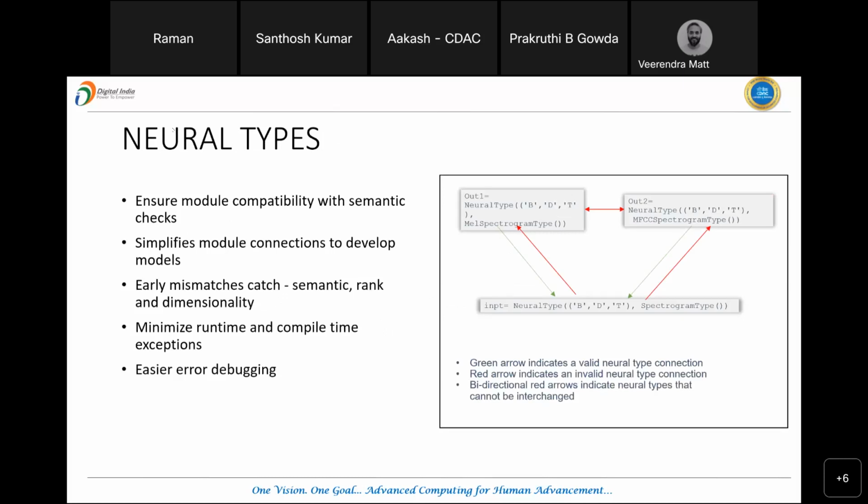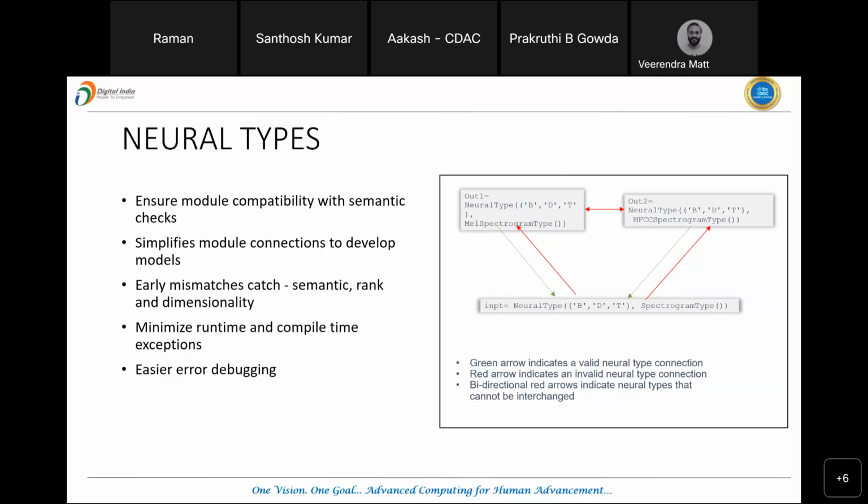So one of the key points of Nemo is the neural types. And neural types are essentially deep learning tensors, which have two properties. One is the type of the tensor. So a type could be a mel spectrogram type, or let's say a spectrogram type, something like that. And the second is the dimensions of the tensor.